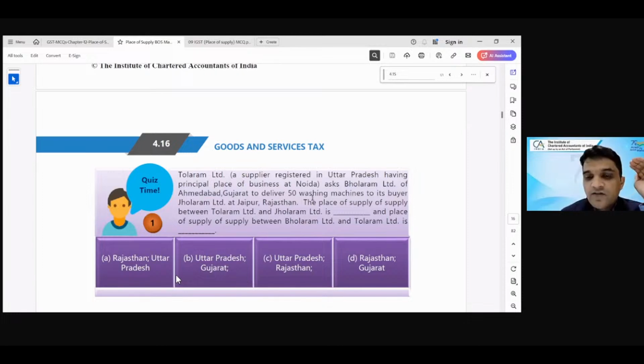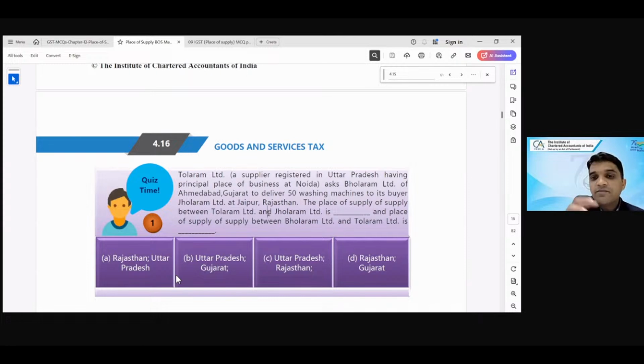So for the first transaction, it is Uttar Pradesh, that is the place of supply. And for the second transaction, which Tolaram will bill to its customer, the place of supply will become Gujarat. Like I had discussed, it is given to you in a confusing manner with same names, so identify the supplier's place of supply.